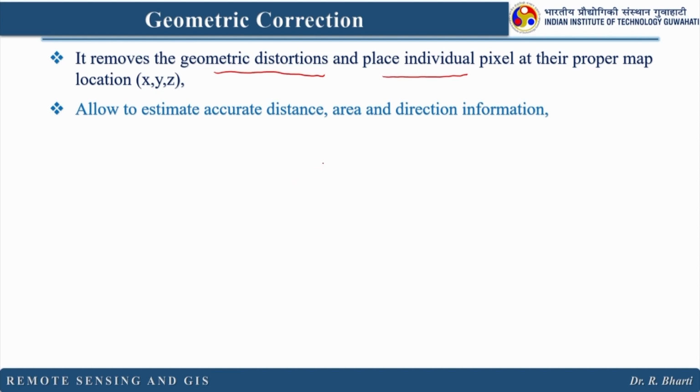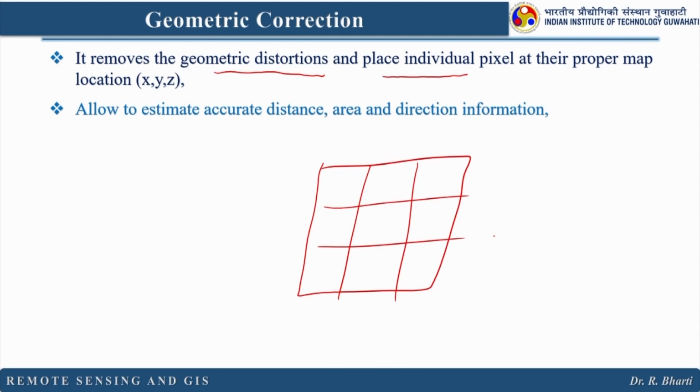I will give you an example. Say there are 9 pixels, and this pixel has a house, and this pixel has a house, and you want to estimate the distance between these two, right. So, this is the true representation.